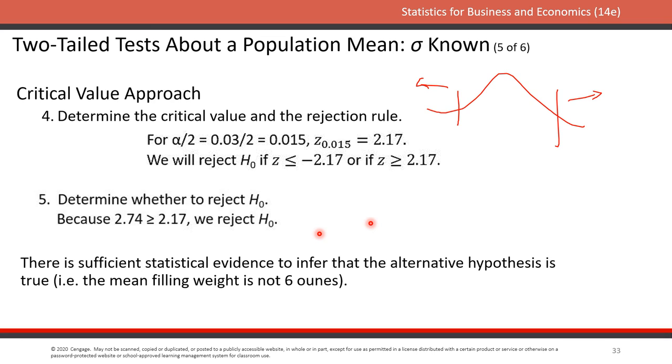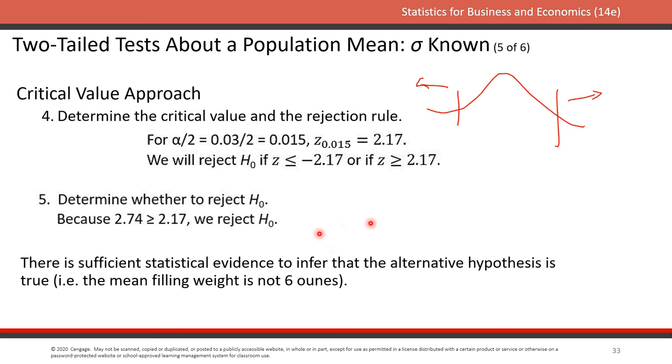The sample mean is 6.2. Of course it's different than 6 ounces. 6.2 doesn't equal 6, period. So we're not making claims about the sample mean. That would be really obvious. We're making claims about the population mean based upon the sample mean in our statistical distribution.